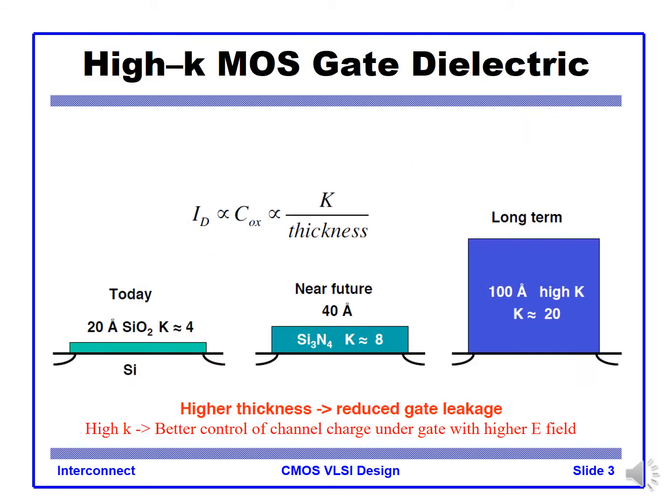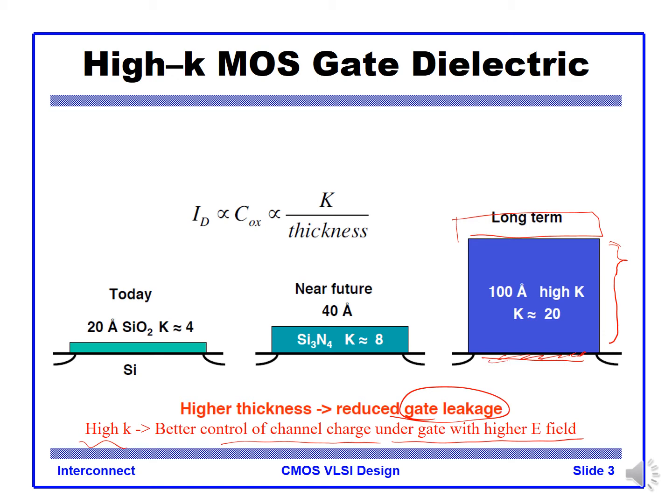Sometimes we use a high K gate dielectric, because if you use a low K dielectric, it increases leakage current. High K has better control of the channel charge on the gate, with a high electrical field below it. When we use a high K material, to reduce the capacitance we make the distance between poly and channel thicker.